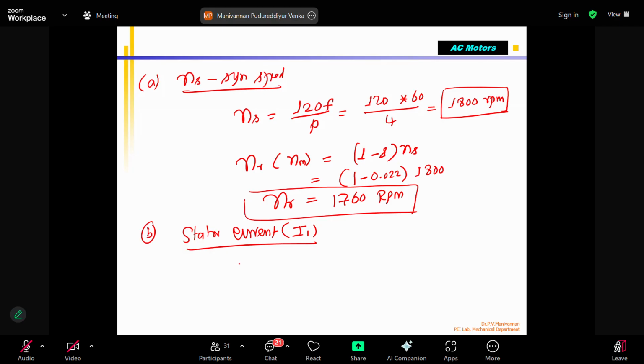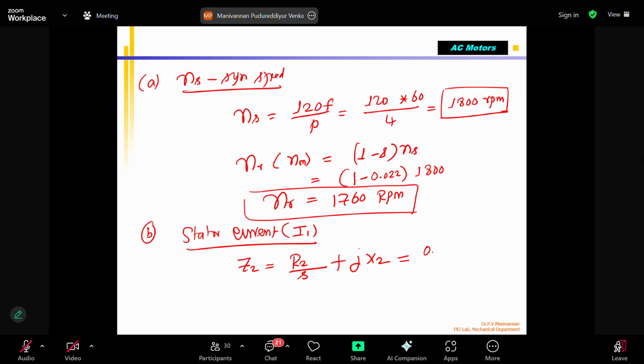So we compute Z2. Z2 is nothing but R2 divided by S plus jX2. The values of R2 and X2 are given, so we can substitute that.